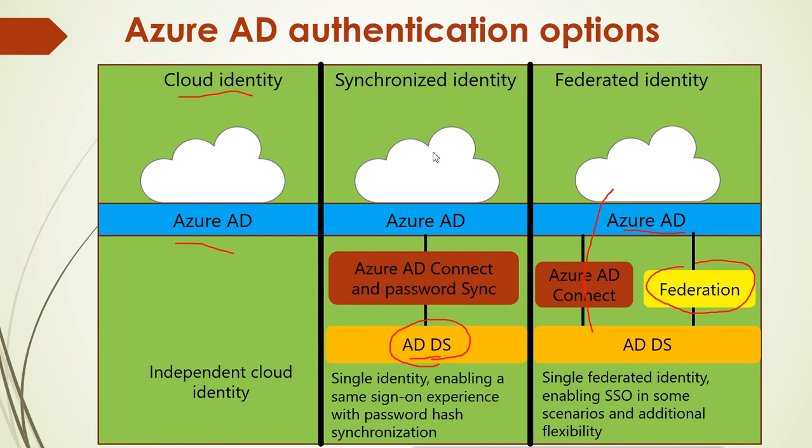We can configure the synchronization between our local Active Directory and Azure Active Directory by installing and configuring the Azure AD Connect software. So this is Azure AD synchronization with our local Active Directory services.